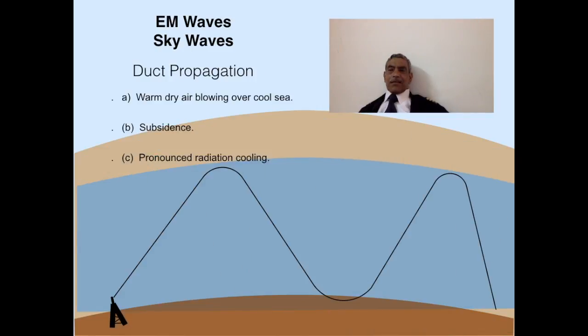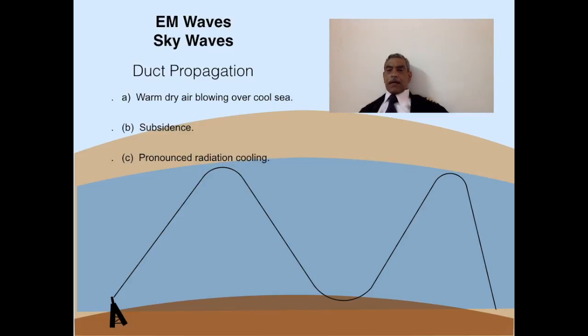There's another phenomenon which I want to cover, which is called duct propagation. What happens when the atmosphere is moist? It affects in such a way that it's able to bend these waves for much longer at much lower levels, and therefore you are able to reach longer distances.